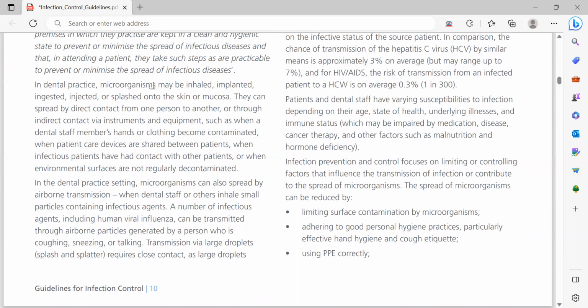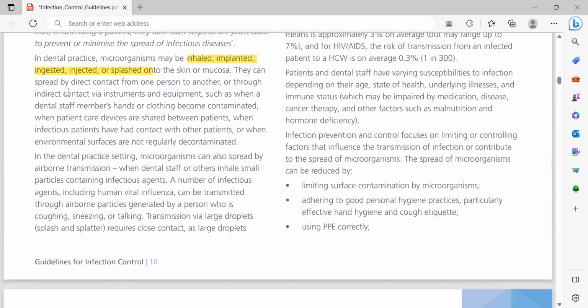In dental practice, microorganisms can be inhaled, implanted, ingested, injected, or splashed onto the skin or mucosa, and they can spread by direct contact from one person to another, or through indirect contact, like if the instruments are dirty from the previous patient, then they can act as a medium of transfer of bad bacteria or contamination.